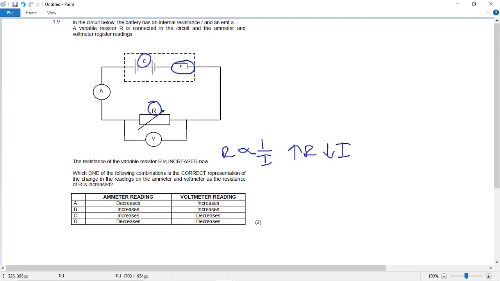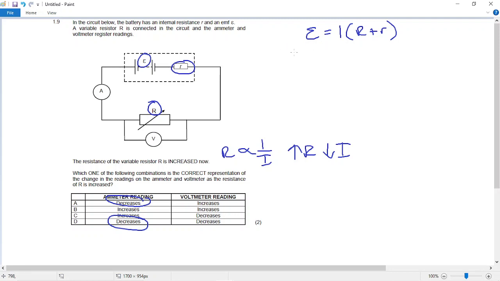So if we are increasing the external resistance R, the ammeter reading is going to decrease, which leaves us with options A and D. But if we want to think about this, we need to think a little bit harder, because in grade 12 we have this internal resistance issue here. Previously, if you didn't think about it, the answer would be a lot easier.